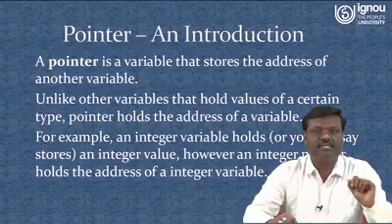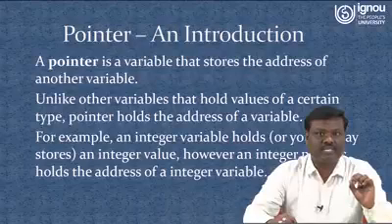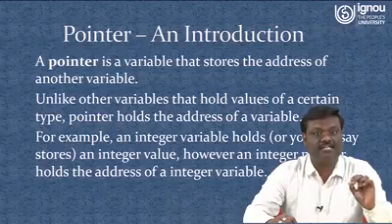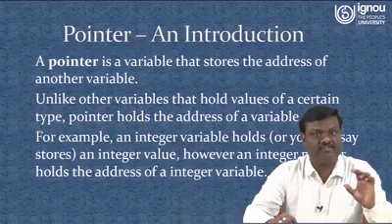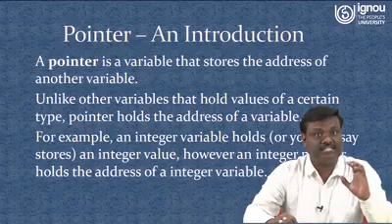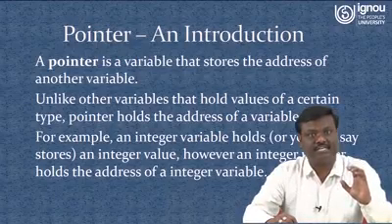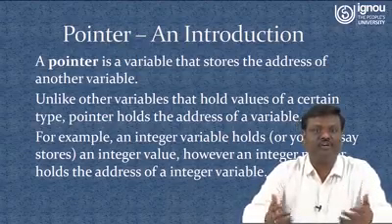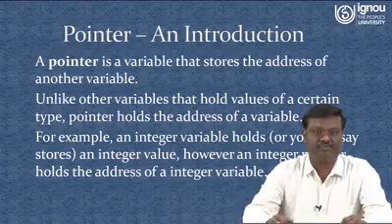An integer variable holds an integer value, and if the address of I is stored somewhere, that is not a normal variable; we declare it in the form of a pointer.